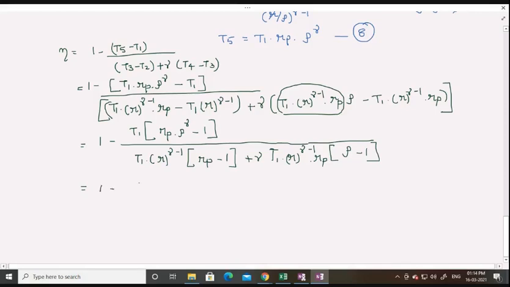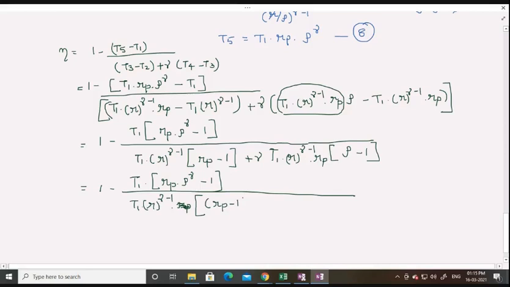So 1 minus T1 into Rp into rho power gamma minus 1, divided by T1 into R power gamma minus 1 into Rp minus 1 plus gamma.